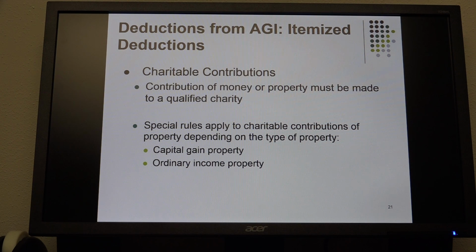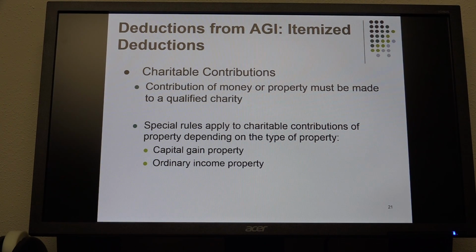All right, charitable contributions. I don't want to spend a lot of time on it because you could just get lost in the weeds on this. And so the things I want to cover are the following. The contribution of money or property must be made to a qualified charity.